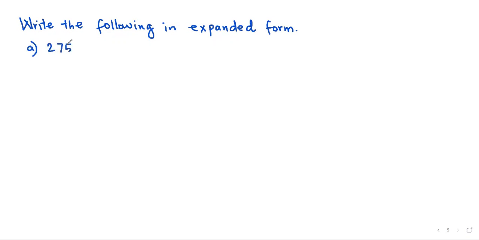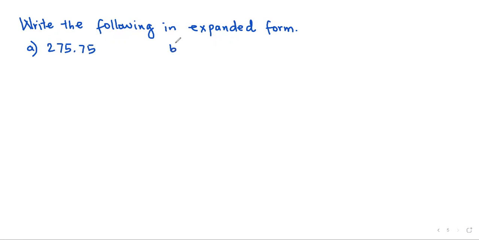Write the following in expanded form. Okay, let's have A as 275.75.